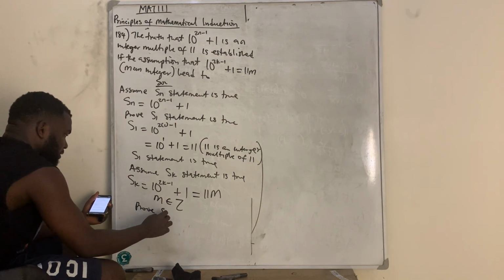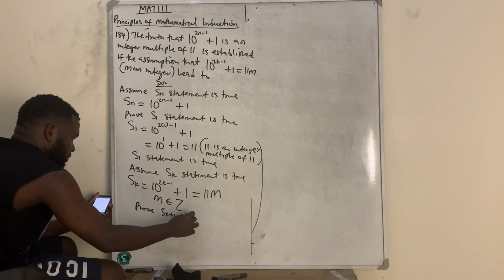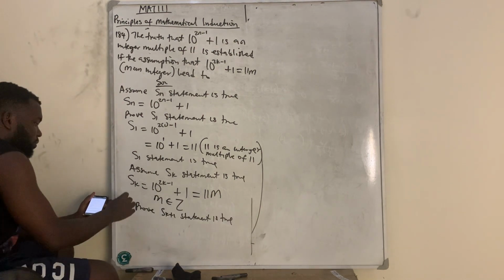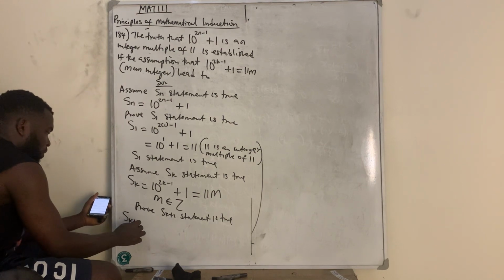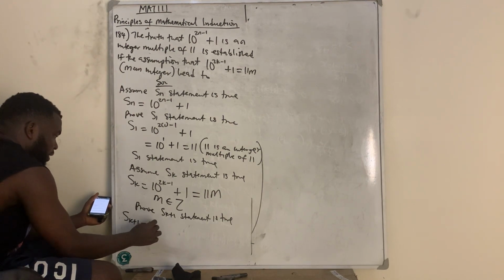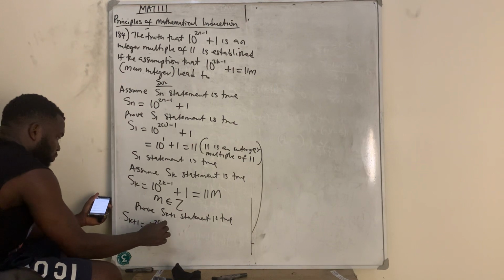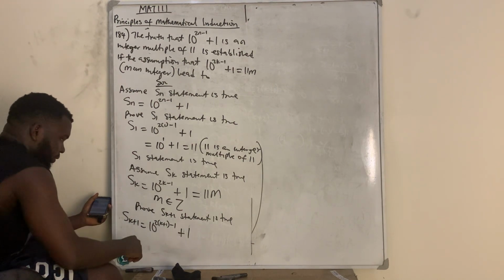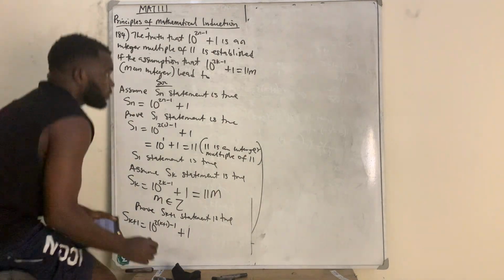We prove that the SK plus 1 statement is true, right? So that is what? SK plus 1 is equal to 10 raised to power 2 into K plus 1, then minus 1, then plus 1, okay? Is it not true? So now let us finish up this.